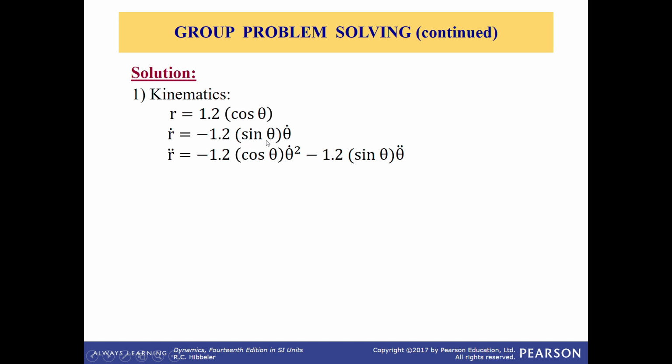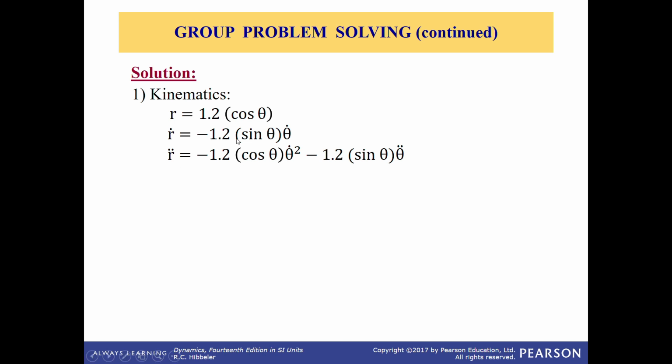You need to differentiate the inside, so you will get theta dot. So to find the second derivative, r double dot, you treat this as two parts. This is u, this is v. So you can just use the product rule.